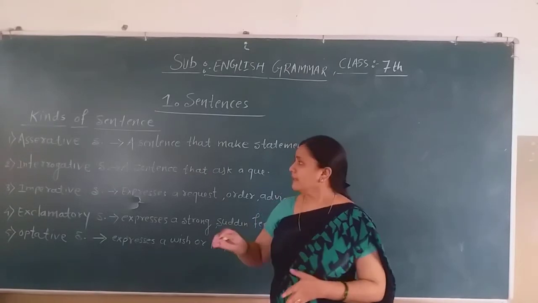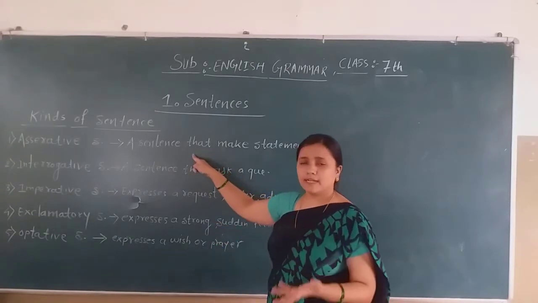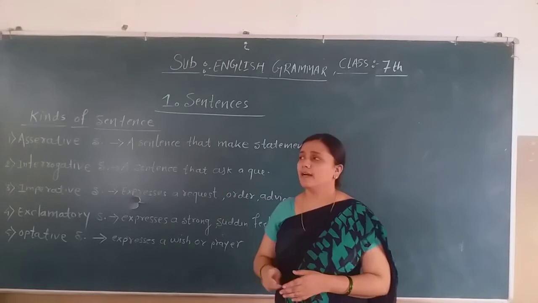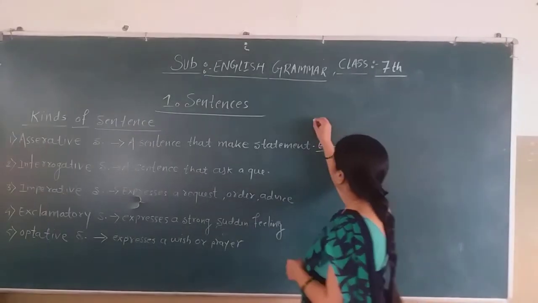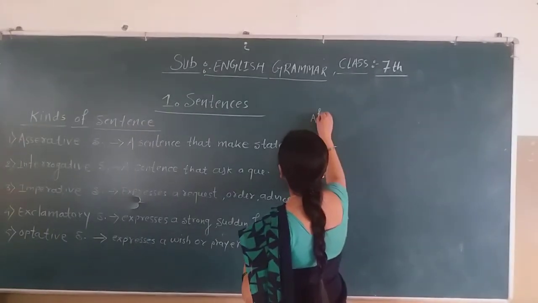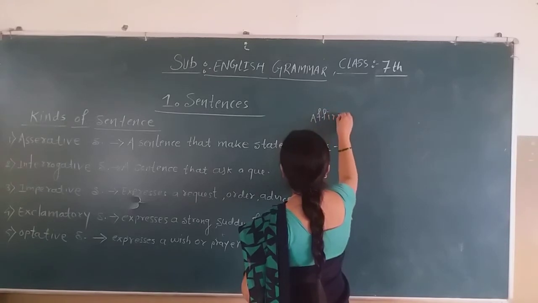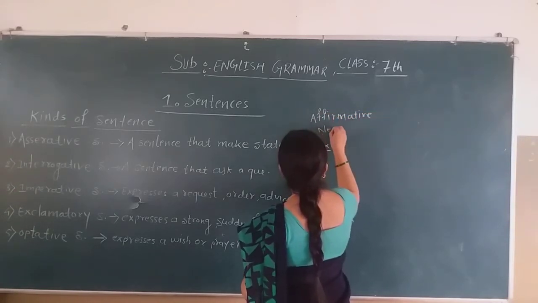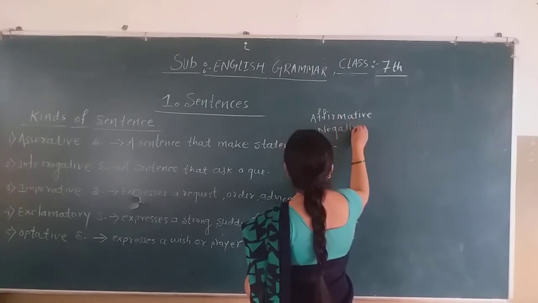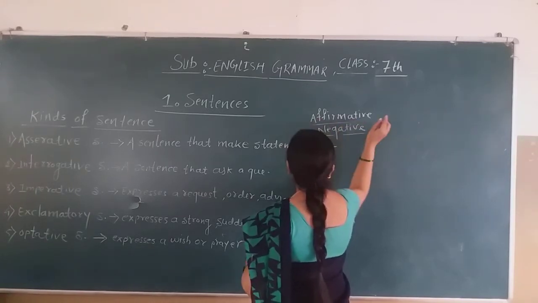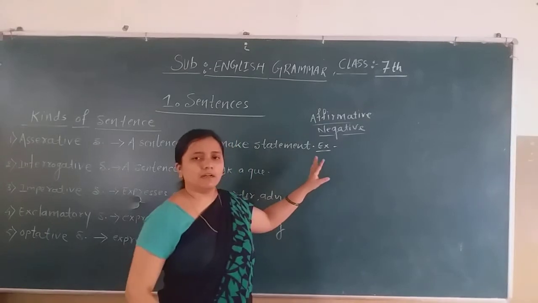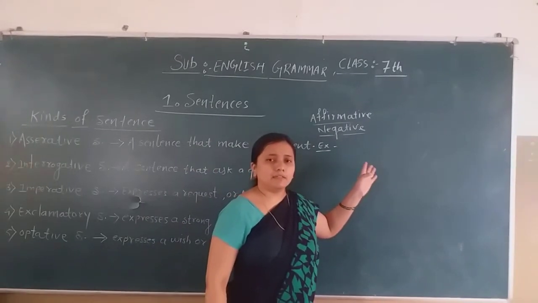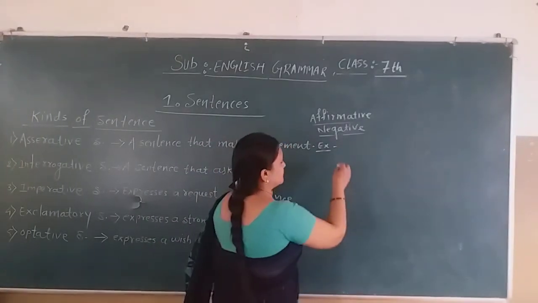So we can write an assertive sentence in 2 ways: first one affirmative and the second one negative. Just take one example. If I take, she likes to play.